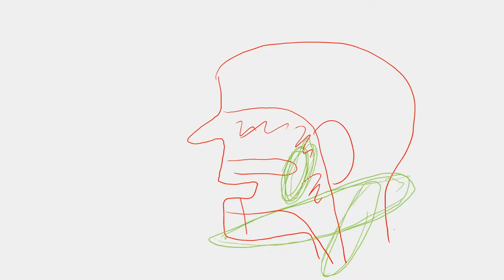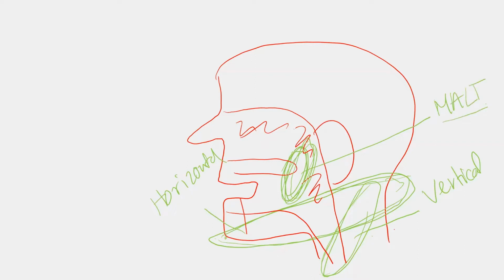So there are mainly three groups: the horizontal group, then there's the vertical group, and there's the mucosa associated lymphoid tissue. You can shorten it as MALT. You may remember from the GI module as well. Related to the intestines, you had lymph nodes in the mucosa.